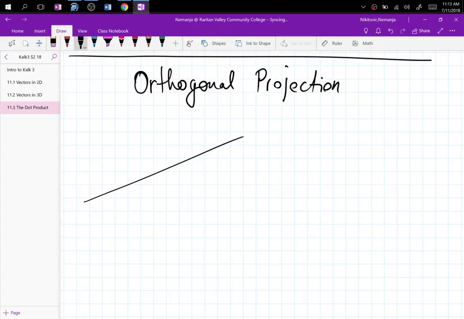If I have some line where I have vector v, and then I have vector u.